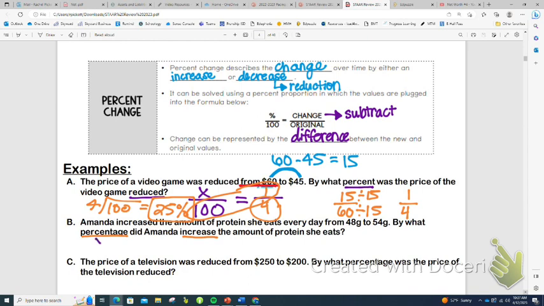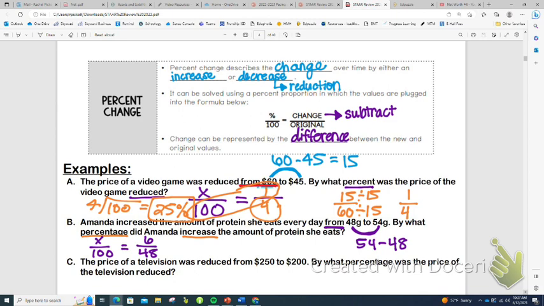So we're going to start our proportion with X over 100, because percents are always over 100, equals the change over the original. Now remember, to find the change, we subtract our two values. We're just going to do the bigger number minus the smaller number. And if we subtract 54 minus 48, that gives us 6. And the original is the number after the word from, which is 48.